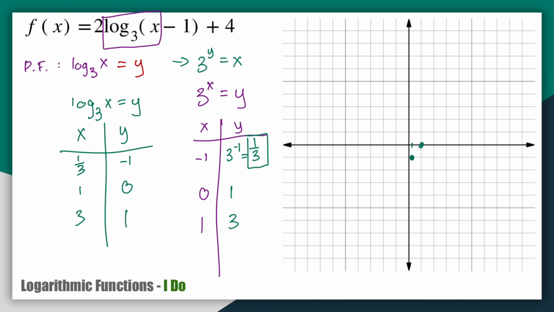I have 1, 0, and I have 3, 1, okay? Now, just for an example's sake, I'm going to plot the exponential ones, which were -1, 1/3, 0, 1, and 1, 3. And look at this, right?